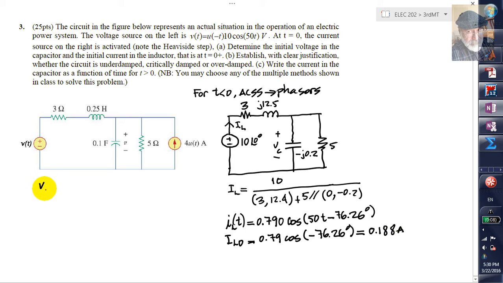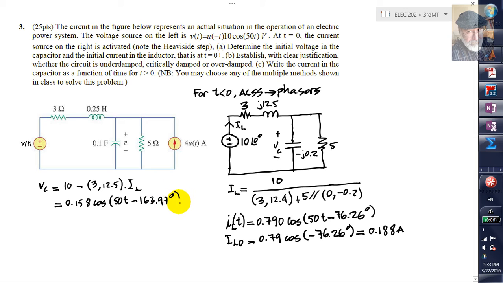The voltage in the capacitor is going to be the voltage of the source, 10 volts, minus the drop in the impedance, 3 plus j12.5 ohms. Of course, I compute that as phasors, and then from the peak value phasor, I write directly the expression in time for the voltage in the capacitor.